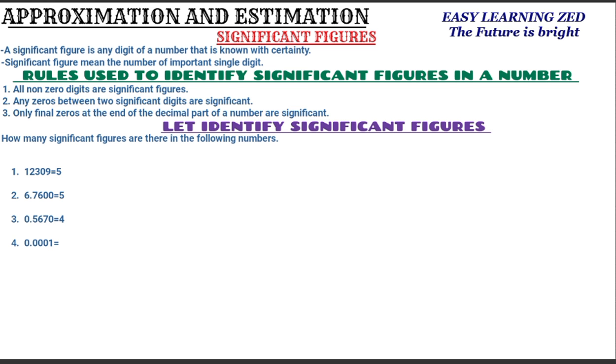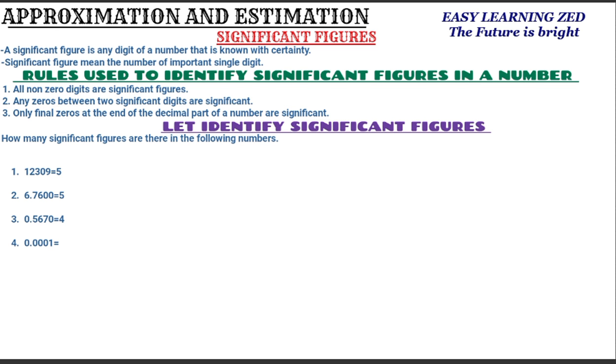Now let's come to number 4. We have 0.0001, and we are asked to find how many significant figures that number has. We can use the first rule, which is all non-zero digits are significant.